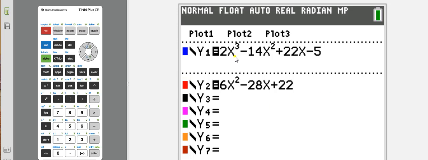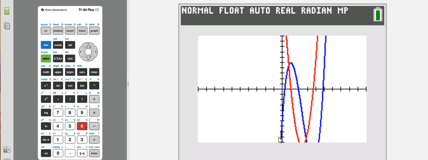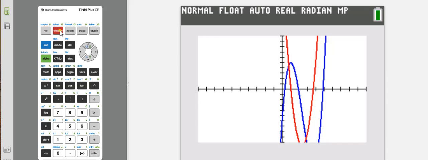Now let's graph the position and the velocity and see what happens. So here's a graph of position and velocity. Position is represented by the blue graph and velocity by red. Let's get a better view. So I'm going to change the window setting.